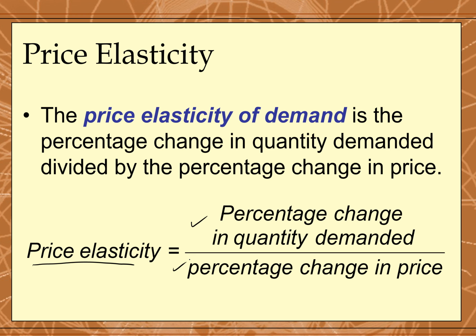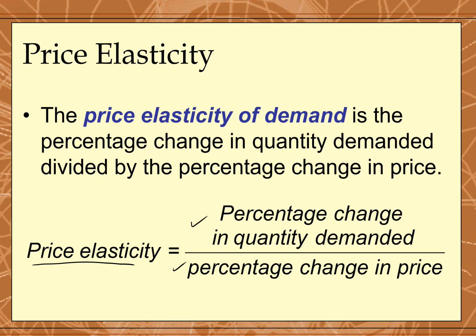Now, if you know anything about basic mathematics, you know how to calculate a simple percent change. We're going to be using a slightly different formula for a percent change. This formula is sometimes called the midpoint formula, or sometimes arc elasticity.